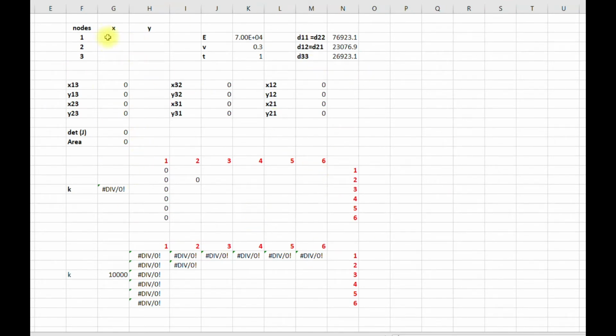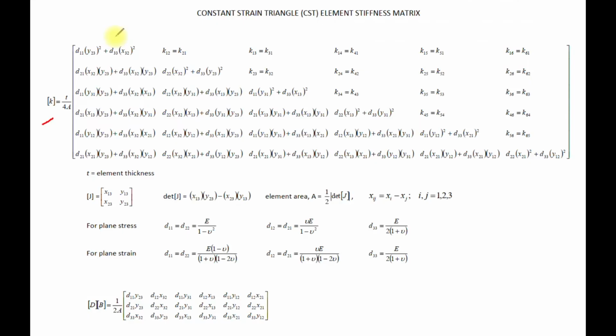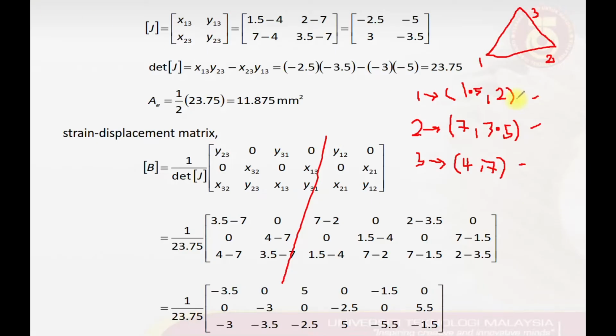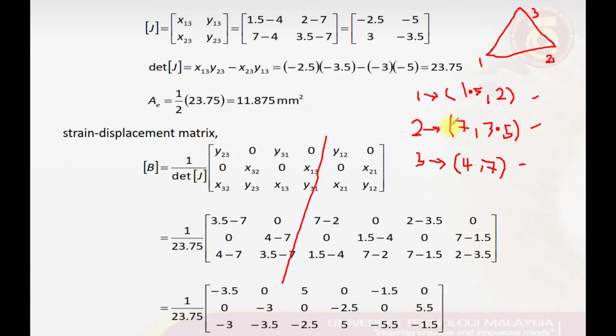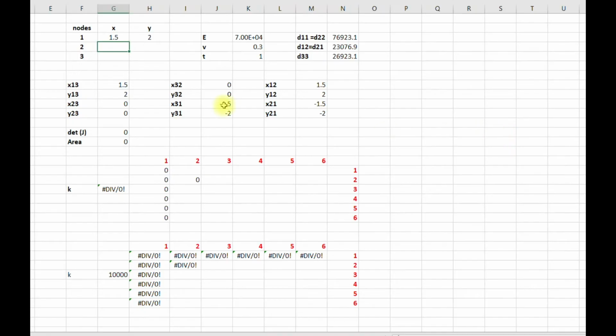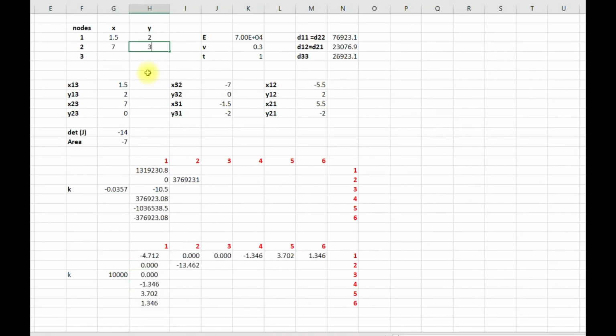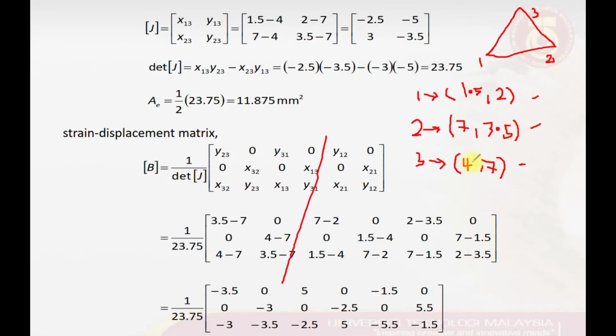So if I substitute all these x and y coordinates for each nodal point, which in this case are 1.5 and 2 for node number 1, 7 and 3.5 for node number 2, and node number 3 resides at 4 and 7.